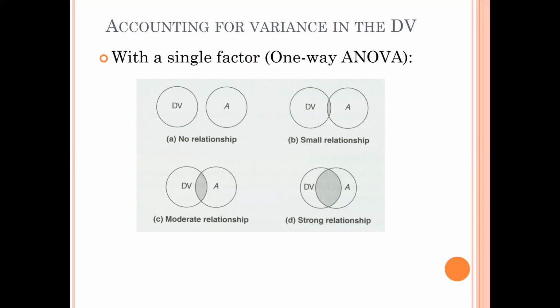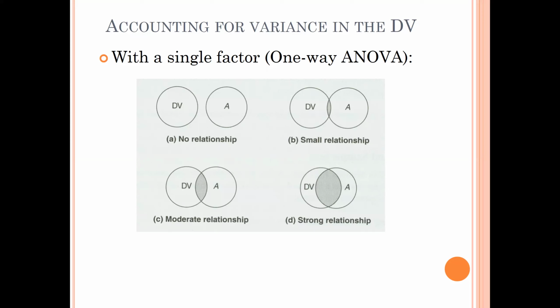Overall variance in the variable is being represented with a kind of sphere. In graphic B, you have a small relationship. They overlap, the variances in the two variables have a slight overlap. And then we can say that A accounts for that portion of the DV that is grayed out.